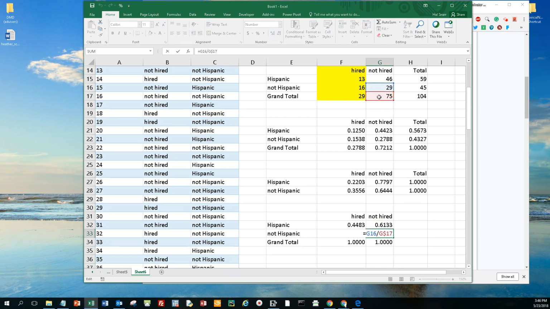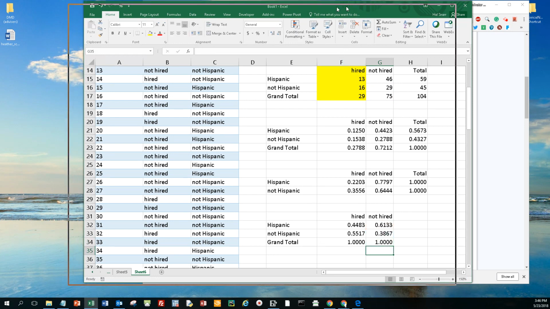This right here is the probability the applicant is non-Hispanic given that the applicant was not hired. And again, these add up to 1.